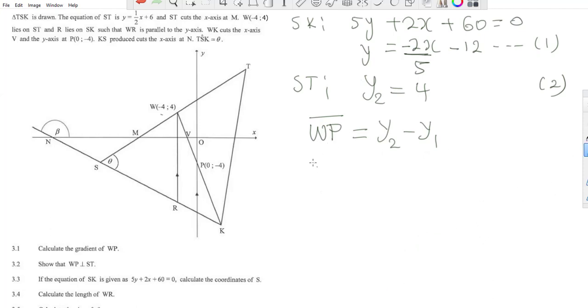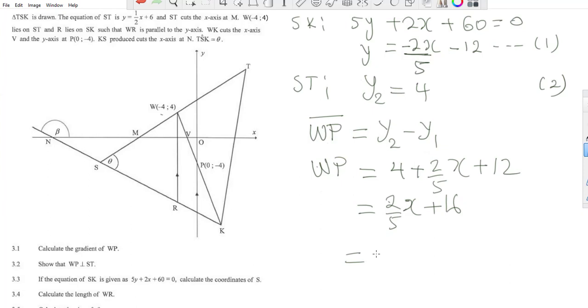You will have WP, and then you have 4 minus, okay, if you say minus of the formula with this minus will be plus 2 over 5x, and here also will be plus, okay? So you have 2 over 5x plus 16.